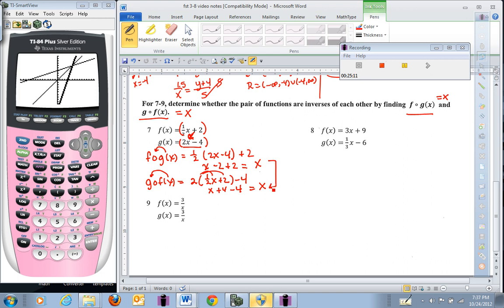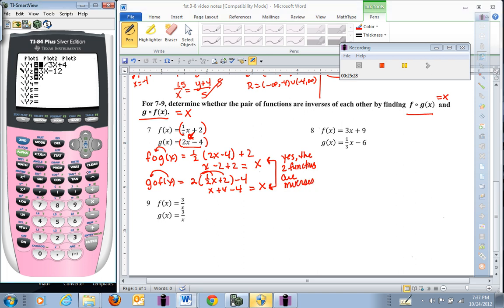So if each composite with the other is equal to x, we would say, yes, the two functions are inverses.